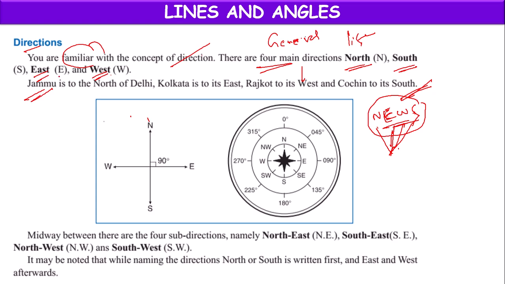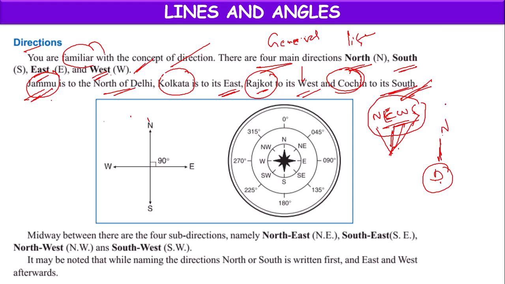So the place Jammu is to the north of Delhi. Kolkata is to the east. Rajkot is to the west. And Cochin is to its south. Suppose this is Delhi, Jammu is in the north direction of Delhi.